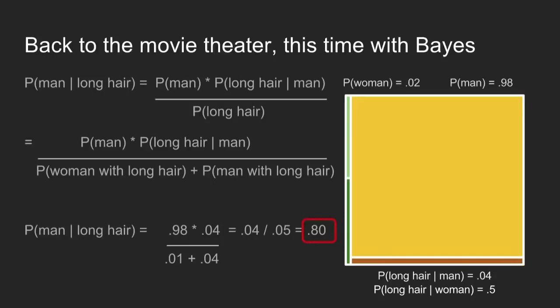So 4 out of 5 long-haired people are men, 80%. It all adds up. So this example shows the mechanics of how to get Bayes' theorem and how it works. In practice, it's usually used a little differently.